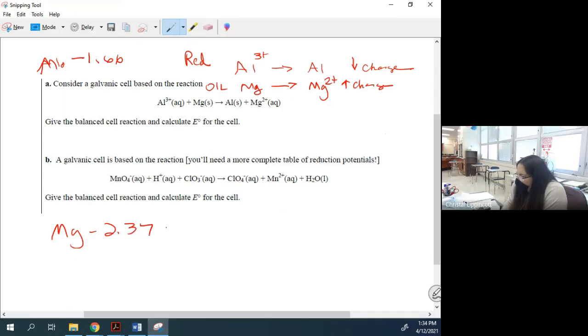Now, this number is more negative. This one, aluminum, is more positive. So this one should have been reduced, and it was. And this one was oxidized. So we're verifying that. Remember, it's cathode minus anode. So our cathode would be our reduction. That's our aluminum. That's a negative 1.66 minus a negative 2.37.